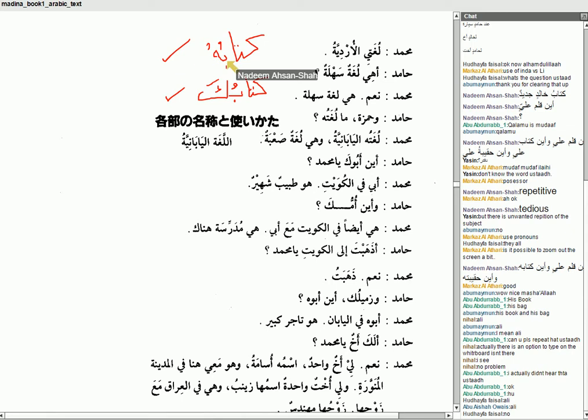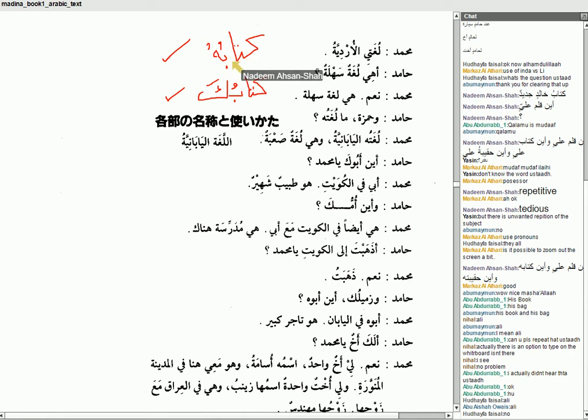So in the first example, kitabuhu, his book. In the second example, we replaced the hu, and we said your book, kitabuka. We replaced the hu with ka. The word kitab, as you can see, is still there. Kitabu, that's the mudaf, it's still there. Why is it mudaf?